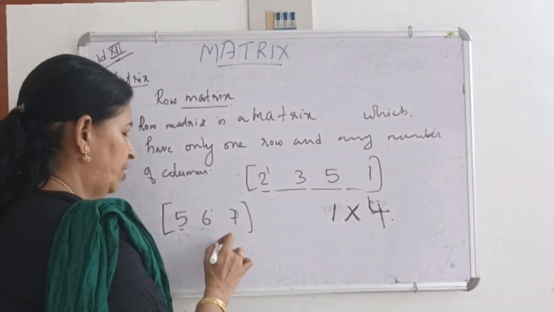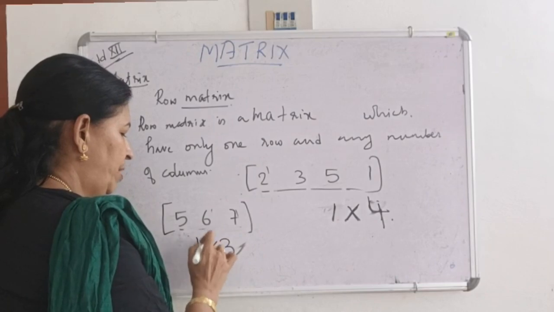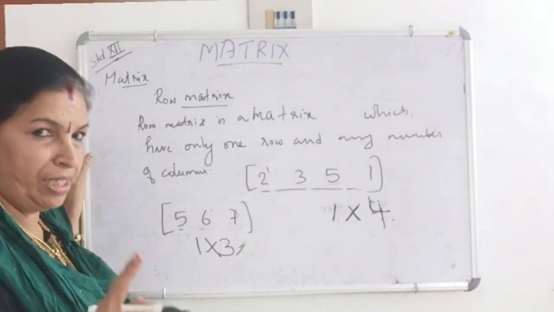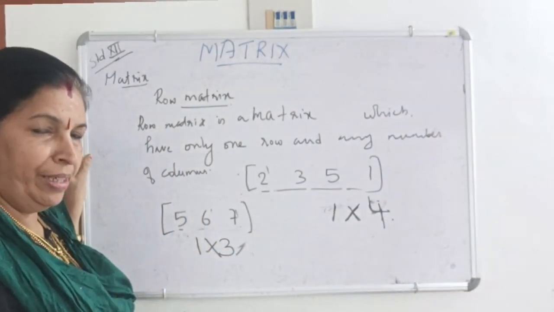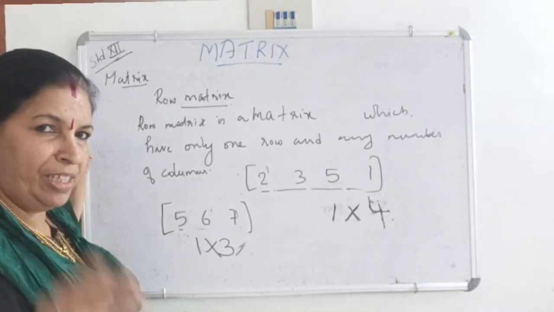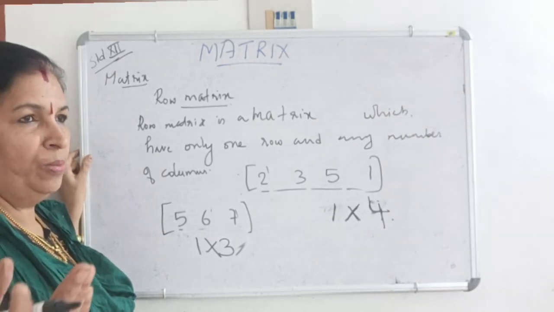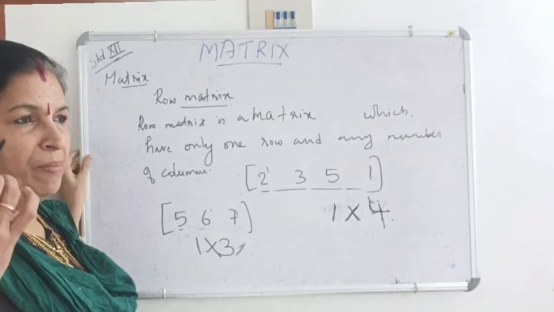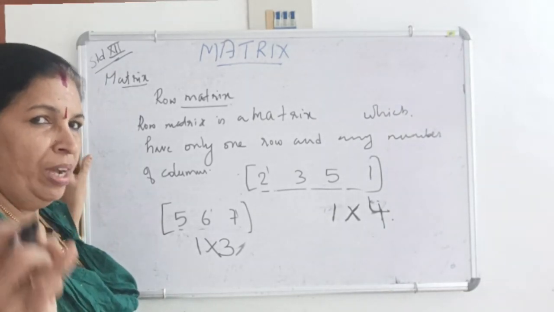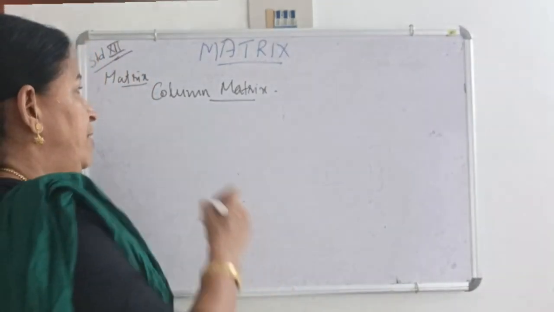The order of this row matrix is 1 by 3, which means 1 row and 3 columns. A row matrix is a matrix which has only 1 row and any number of columns.